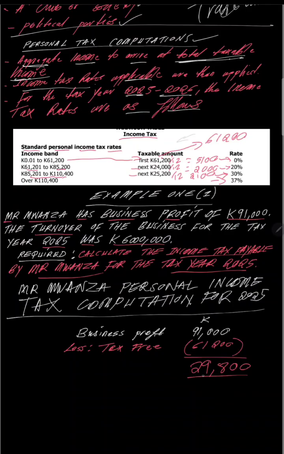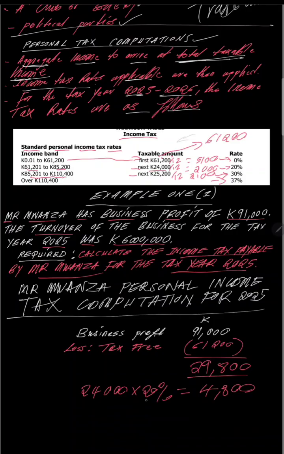You're going to remain with 29,800, and then from 29,800 you're going to go to the next 24,000. So the next 24,000 is going to be charged at 20%. So 20% times 24,000 is 4,800.